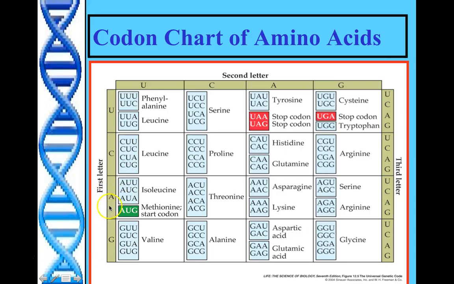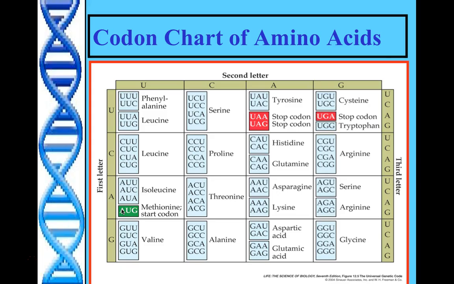Well, you have A as your first letter, so you're going to stay in this box for now. Then you're going to go to U. U is up here, so we're still staying in this box. We're in this row and up here. And then G is down here, so now being more specific, we follow ourselves all the way to the bottom row, and here is methionine.